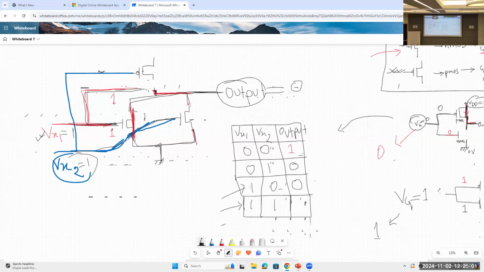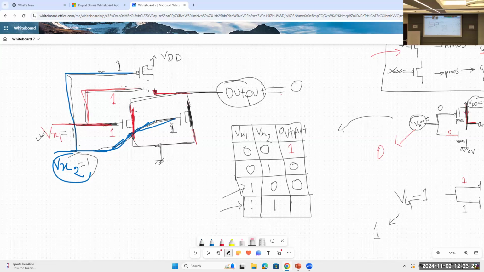Vx2 is 1 here, so this 1 will come to this NMOS, and if the NMOS gets 1, this will be connected, right? So this is connected. And the same x2 comes to this PMOS. If it gets 1, the PMOS will be turned off. So here is VDD, but this PMOS will be turned off. So there will be no connection here.